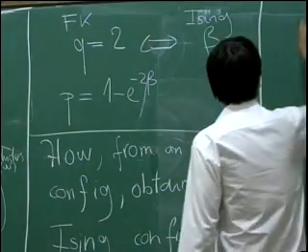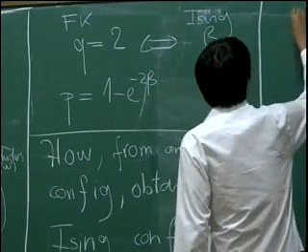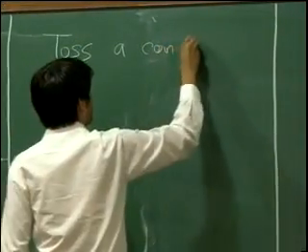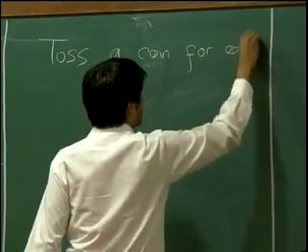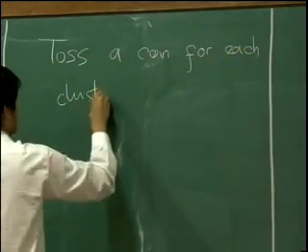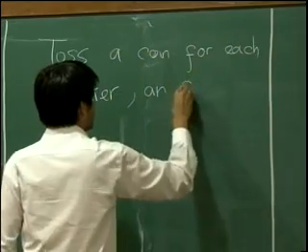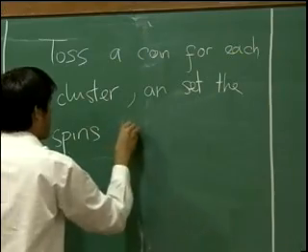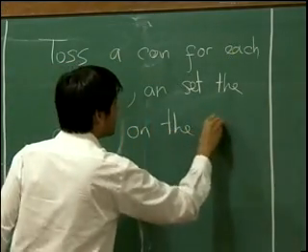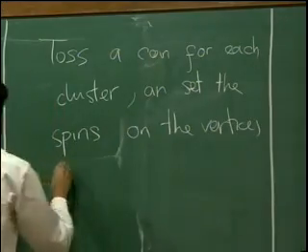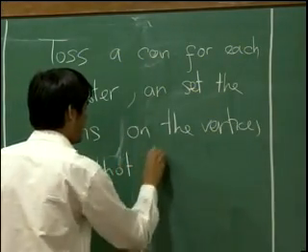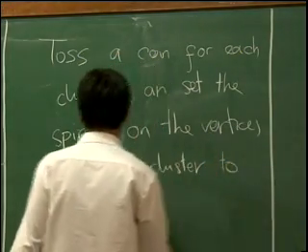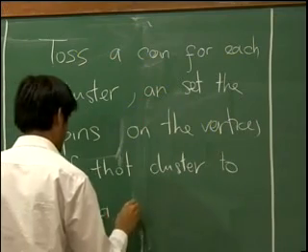The answer to this question is just to toss a fair coin for each cluster, and set the spins on the vertices of that cluster to plus or minus 1 according to the coin.